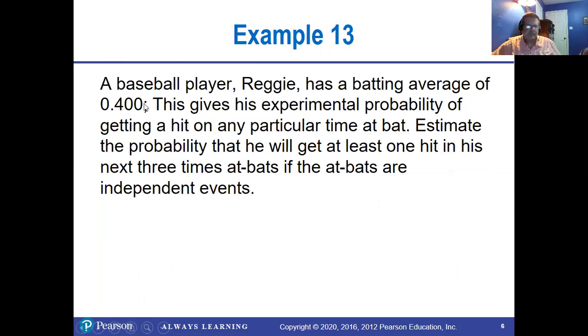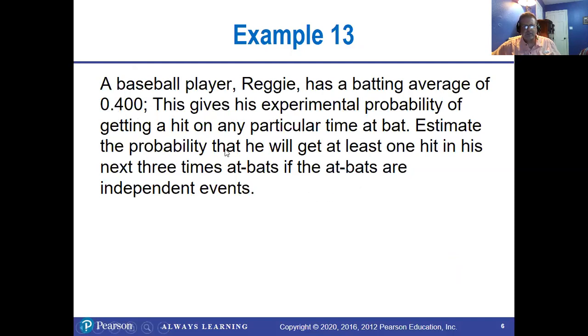Now, here's another example. A baseball player, Reggie, is batting an average of .400. This gives his experimental probability of getting a hit on a particular time at bat. It's experimental because that's how he's been hitting. Astros hitters have an experimental probability of getting a hit because they're taking the stats on it.